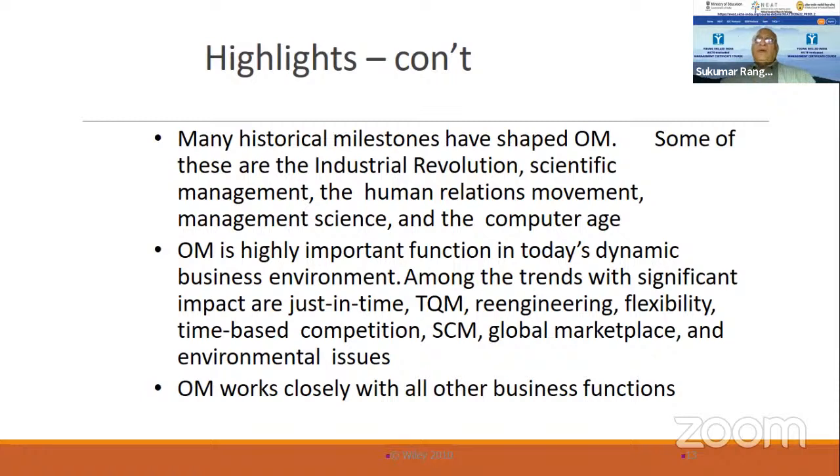But of course, you must have also heard of the Internet of Things or IoT managed production, production using robotics, manufacturing using artificial intelligence, using AI, ML, a whole lot of new methodologies in operations management.